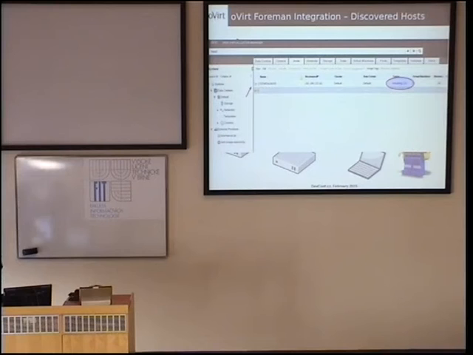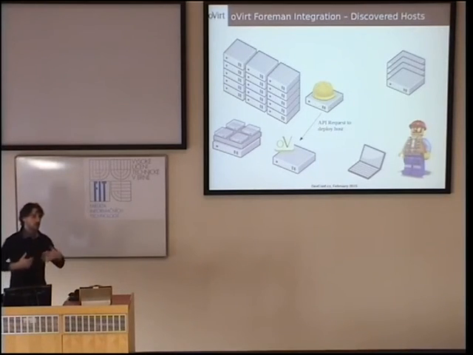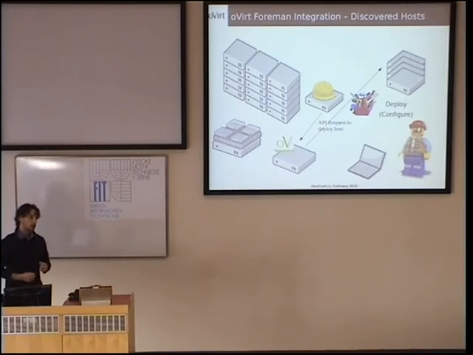When it's done, Foreman automatically sends an API request through an additional plugin that we call the oVirt host deploy plugin, which says basically to oVirt: start to deploy this host because it's ready to use, it's ready to be provisioned. This is the phase I mentioned before, where you communicate with the host, run all the SSH and YUM installation that is required, configure the networking, configure the keys that you need to allow virtual machines manipulation.